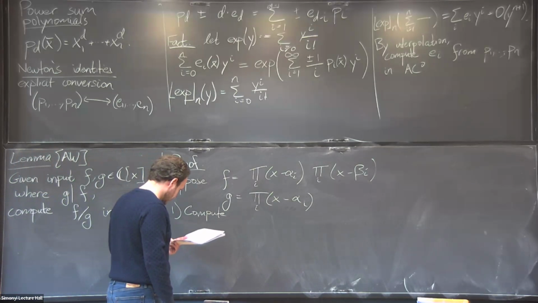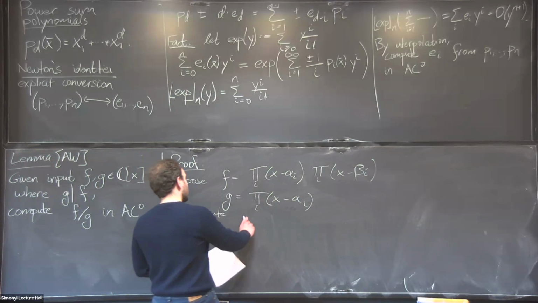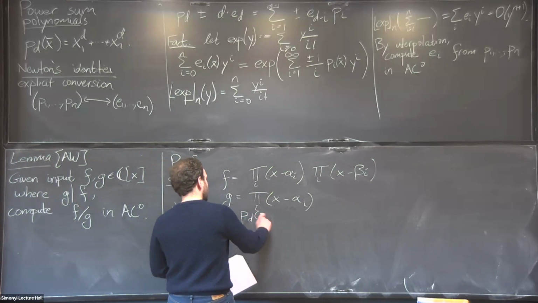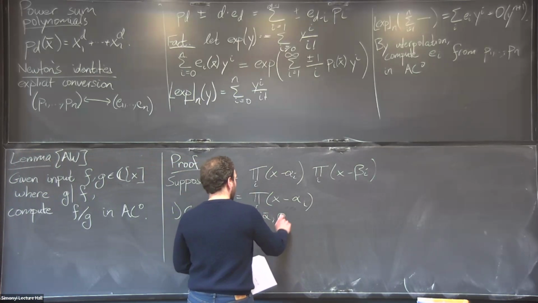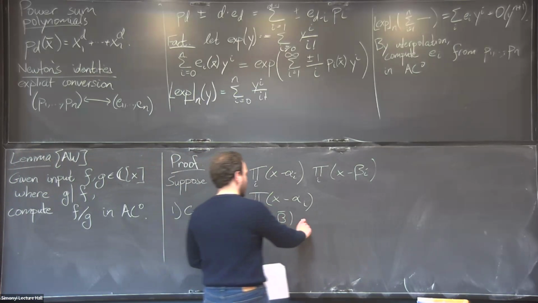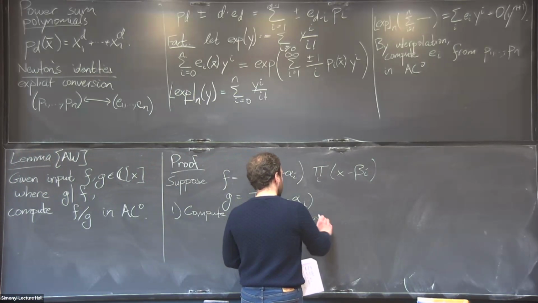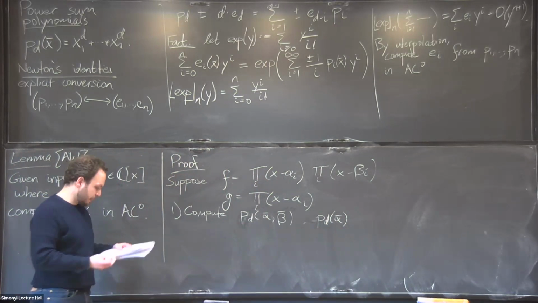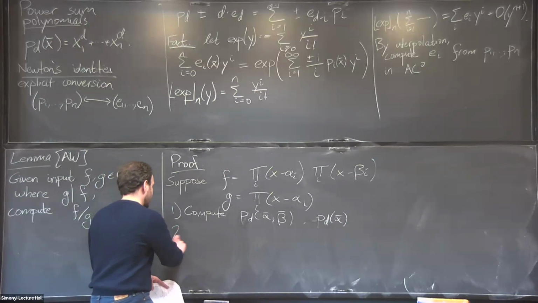Yeah. Okay. So what I want to do is compute the power sums of f, which are in the alphas and betas. And then I also want the power sums from g, which are the power sums in the alphas. And now we're going to subtract.